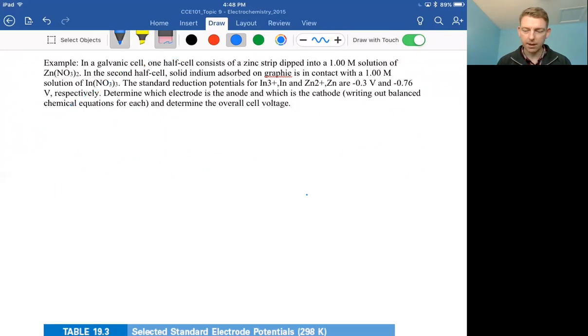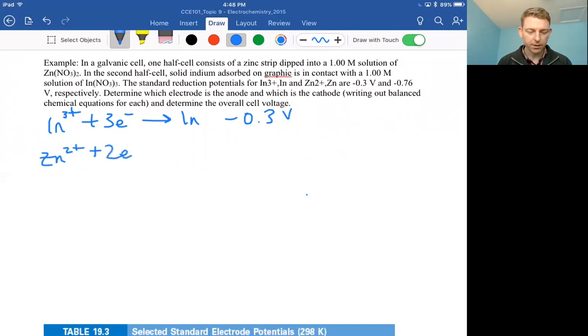The standard half cell reaction for indium 3 plus 3 electrons going to indium is negative 0.3 volts. And zinc, as we've seen already, zinc 2 plus 2 electrons going to zinc metal is negative 0.76 volts.